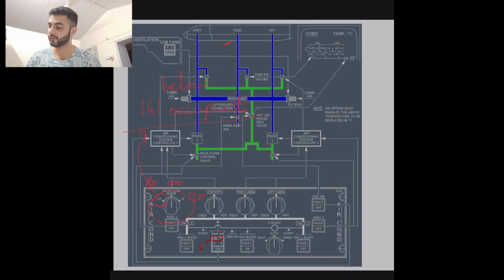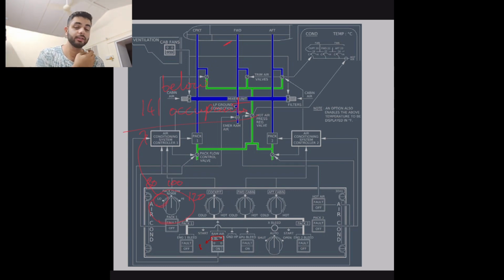Classes are a scam. If the crew selects low, but the temperature demand cannot be satisfied, pack flow is automatically selected to normal. It will not go to high. In case it's selected to low and that demand cannot be supplied, it automatically goes to normal, but it'll never reach high.